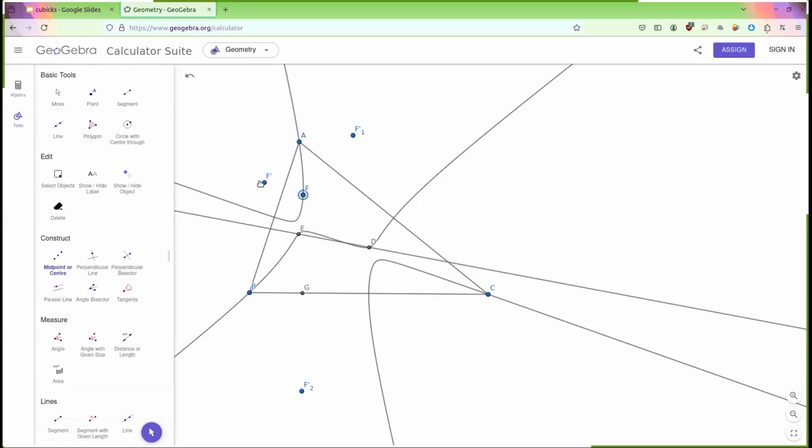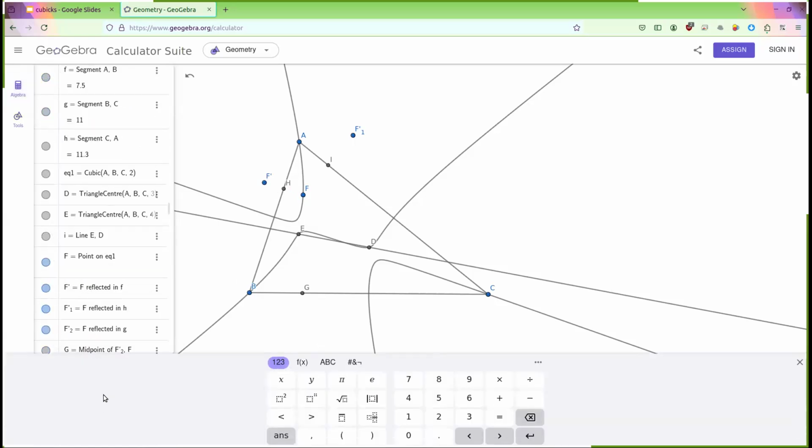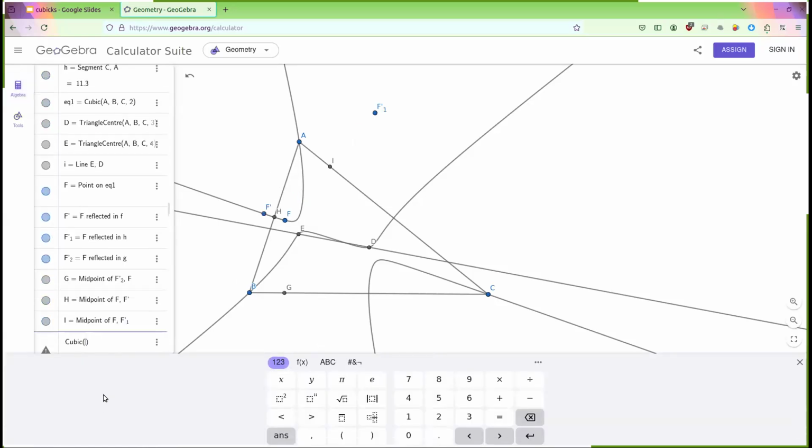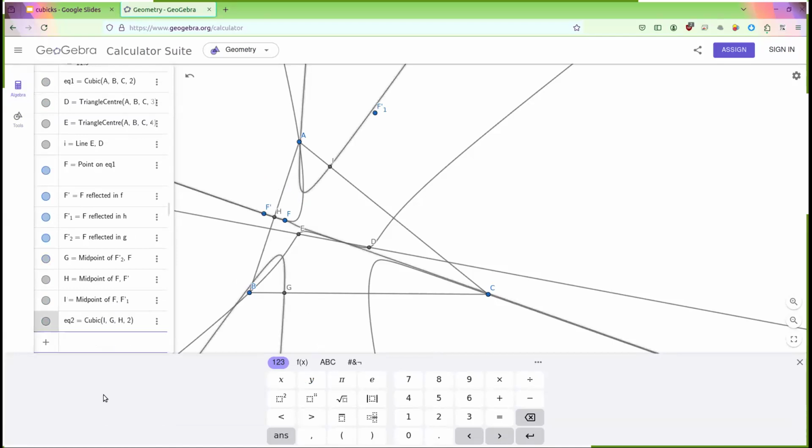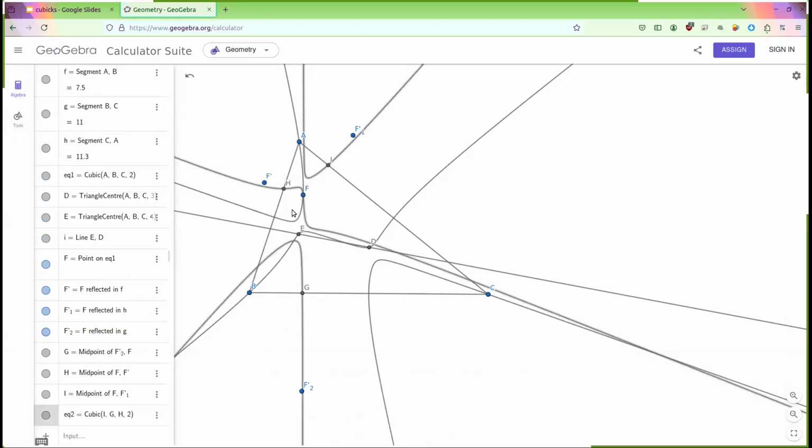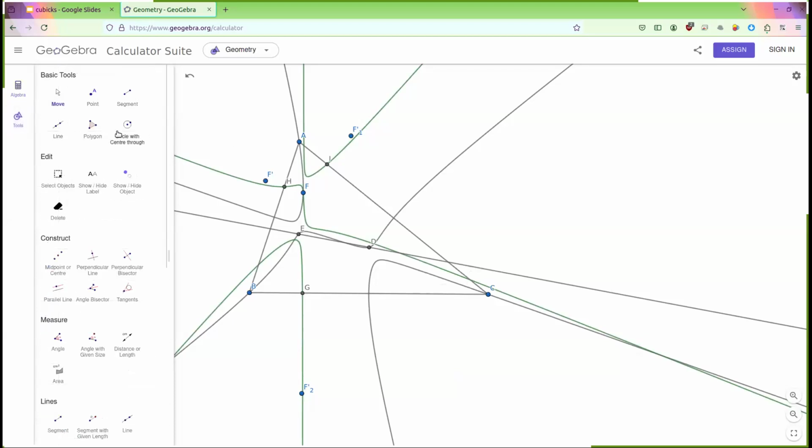For this triangle, if you define the same cubic with the same corresponding pivot, basically, IGH, let's call it also 2. Then F also lies on this cubic, as you can see. And similarly, this is true for a lot of triangles actually. This is just one of them.